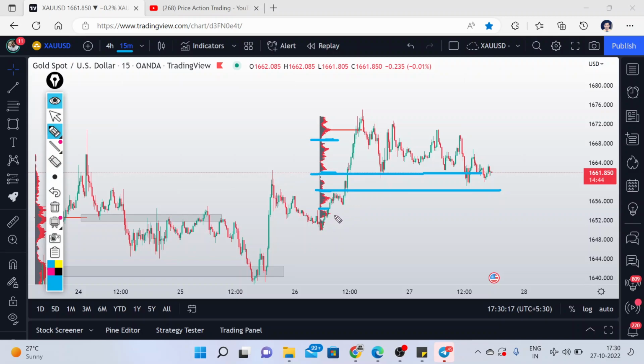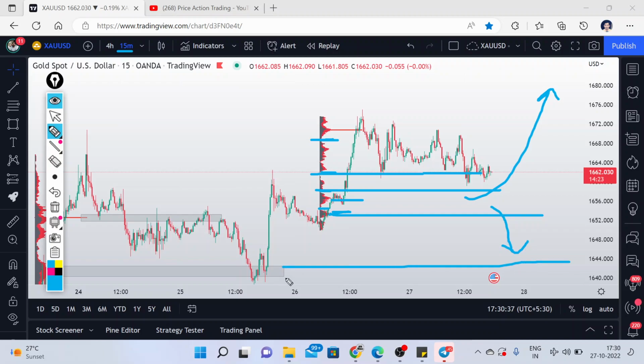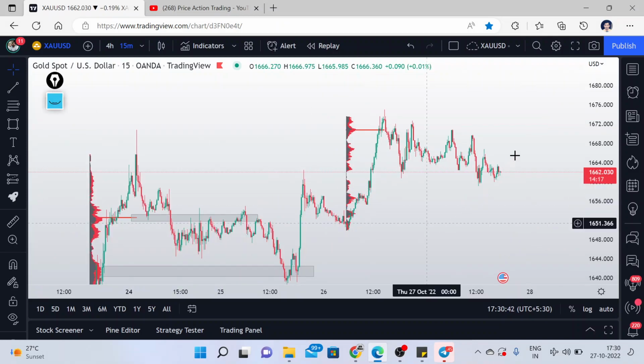If they want to defend these areas, they can start from the lowest area like this, and push the price toward the higher price. But if they are not able to defend these areas, then price might go down and test the previous zones like this one.